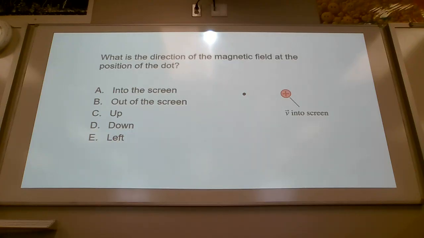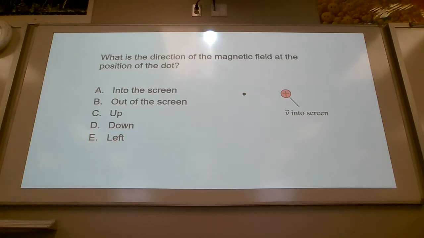Charged particle going into the screen. The correct answer is up.